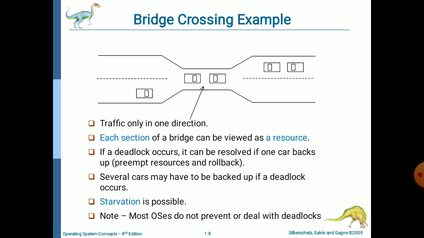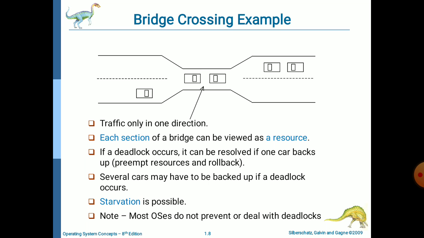It is only possible if there is not much traffic, and if there is higher traffic on both sides of that bridge, then several cars may have to be backed up if the deadlock occurs.